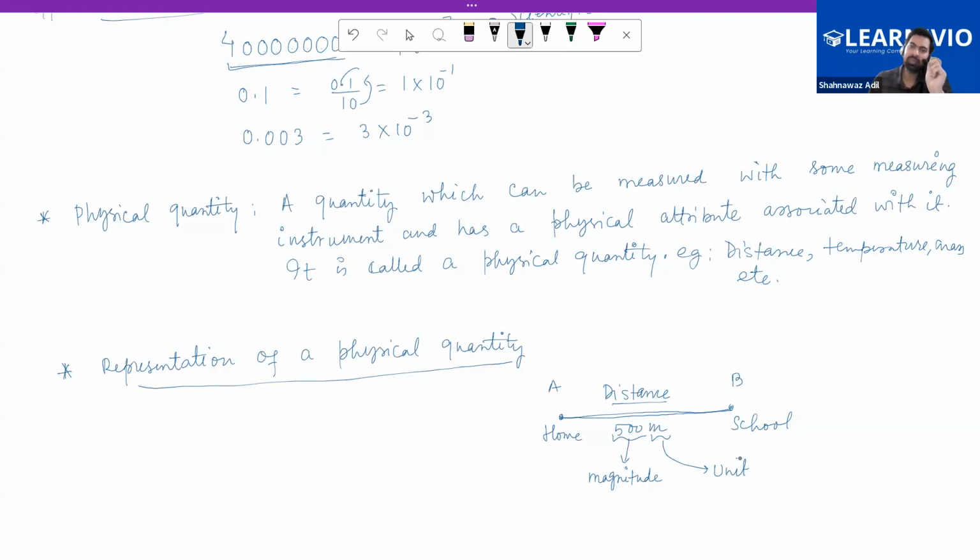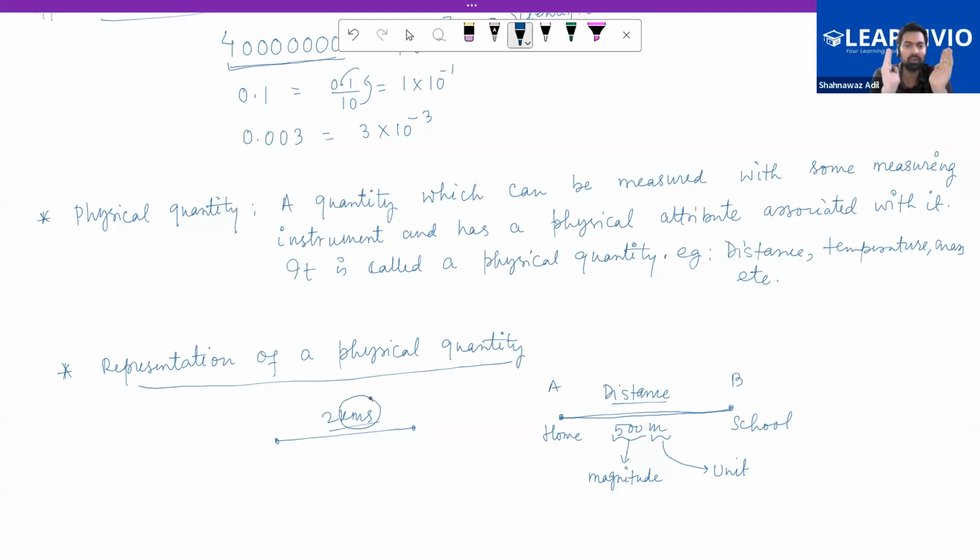Why is the unit important? Let's say I say that I have moved 2 kilometers. By just looking at this, you can tell me what physical quantity I am talking about.